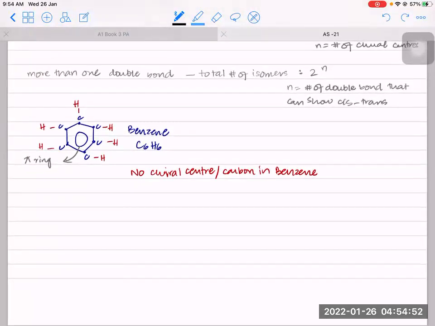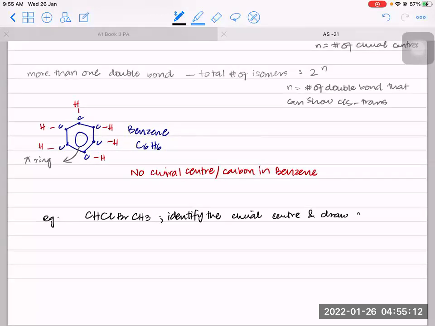All right. Now, let's see an example. CHCl, Br, CH3. Now, if they ask you to identify the chiral center and draw the optical isomers, how will we do this?